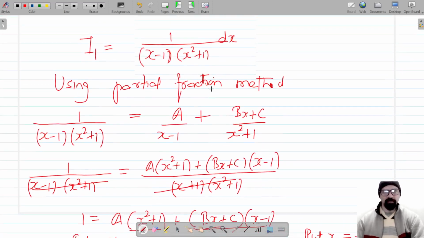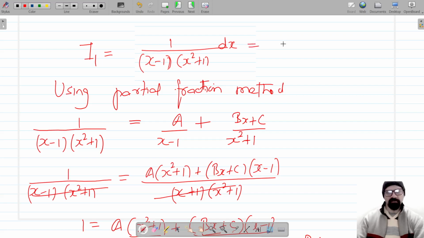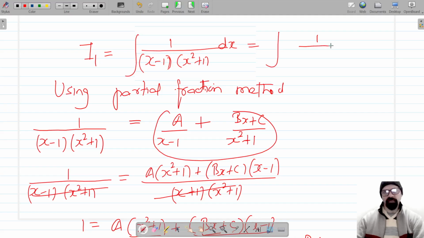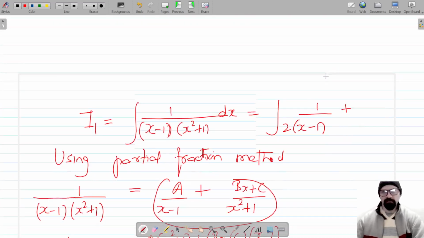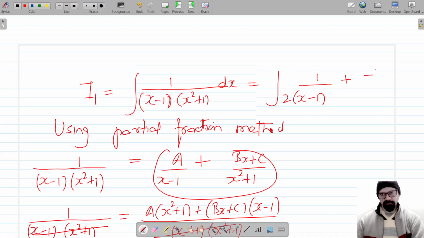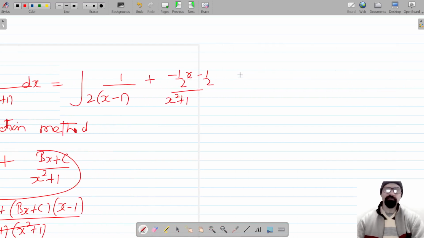So that means I can write this integration now. I1 is the integration of A, which was half, upon x minus 1, plus B and C are negative half, so this becomes negative half x minus negative half upon x squared plus 1, into dx.